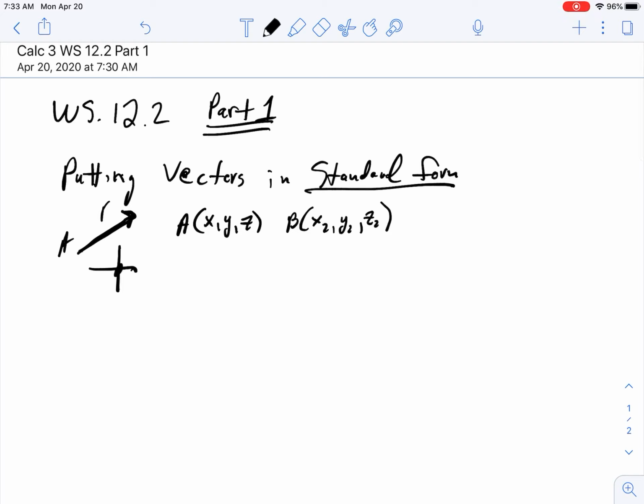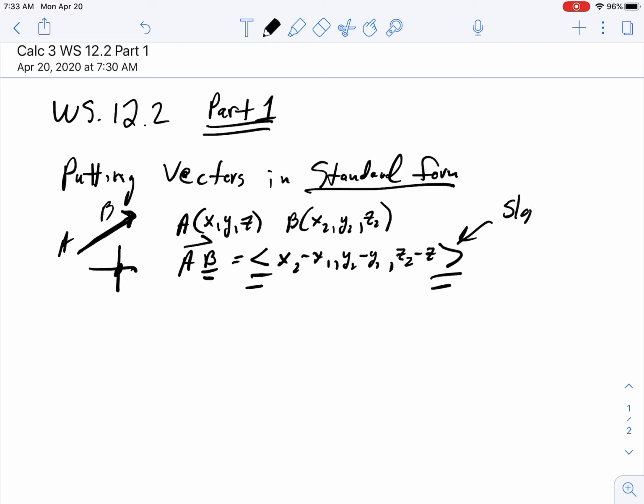So therefore, if this is A to B, you have to make sure you subtract B first. So x2 minus x1, y2 minus y1, and z2 minus z1.